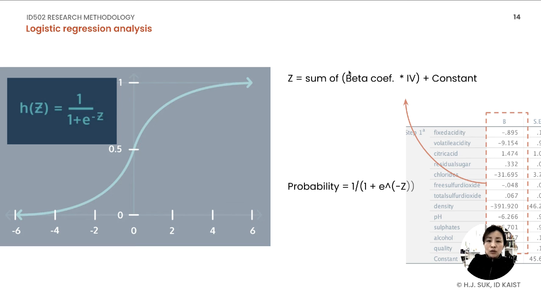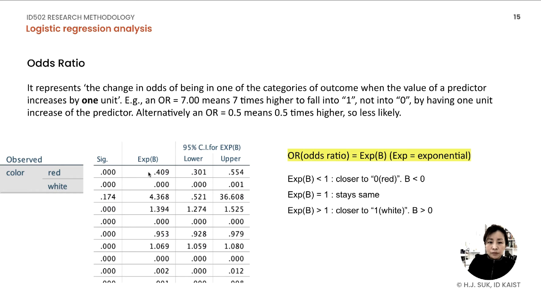Okay, the z-score is entering here. So finally, the probability is the result of this equation where the z is from this.